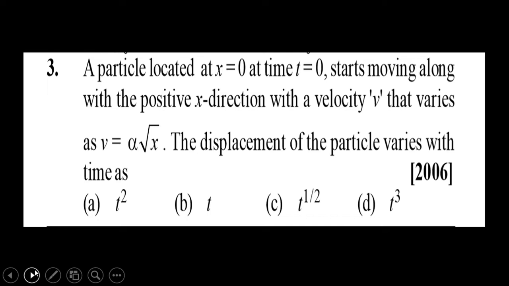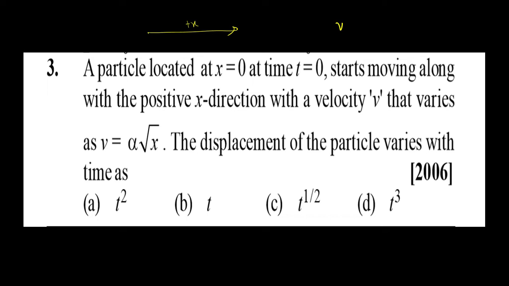A particle located at x equal to 0 at time t equal to 0. So the position and time are given: when the time is 0, position is also 0. It starts moving along the positive x direction with a velocity v, along the positive x direction.